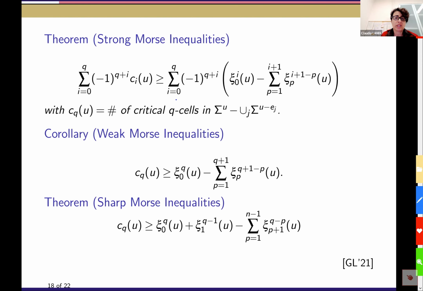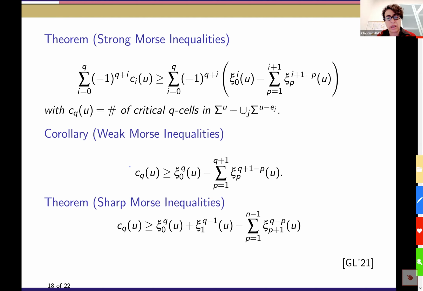From the strong Morse inequalities, we can, as usual, get weak Morse inequalities that tell me that the number of critical cells that enter the filtration at the value u is bounded from below by the Betti tables, or vice versa. The Betti tables are bounded from above by the number of critical cells.